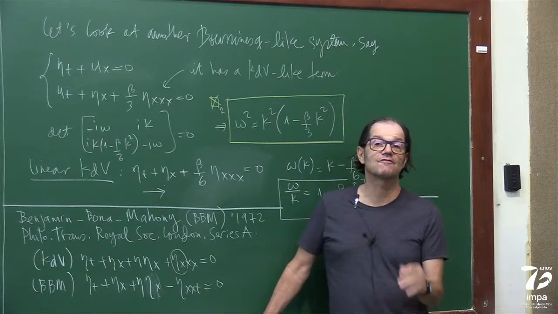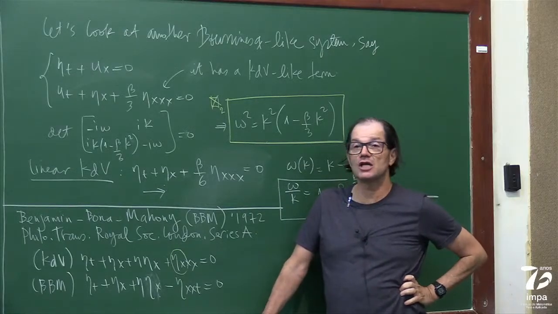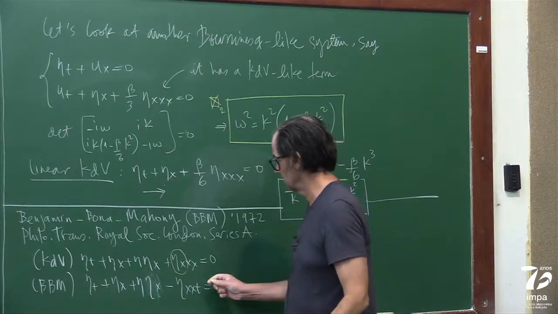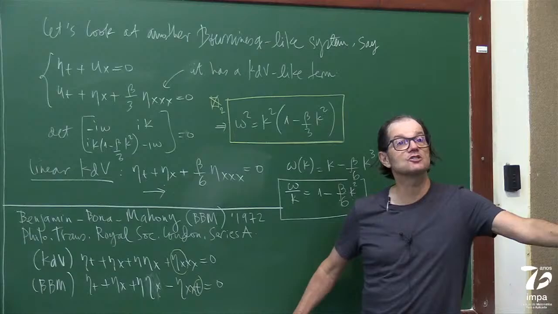So the first interesting and simple impact of this change of derivatives, a spatial one for a time one, is that I change the dispersion relation.